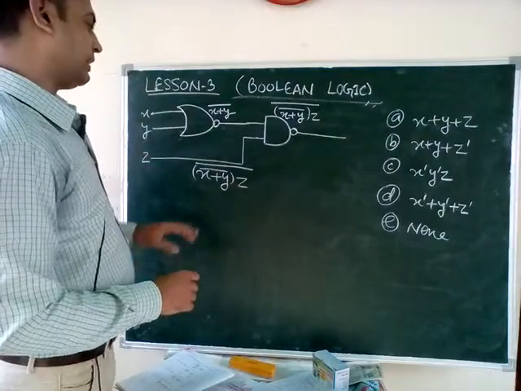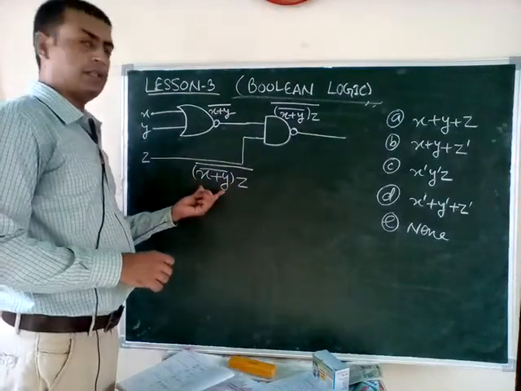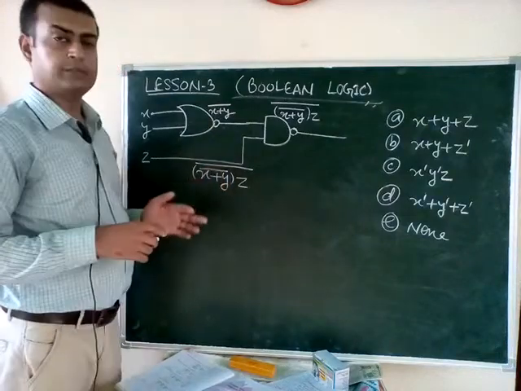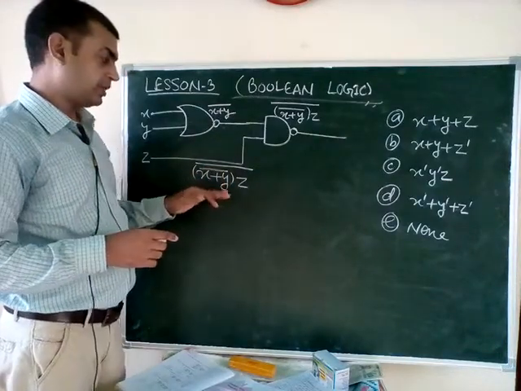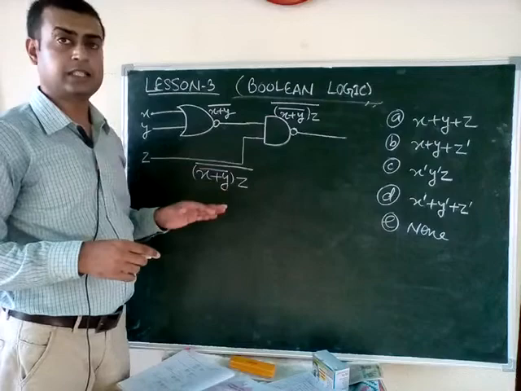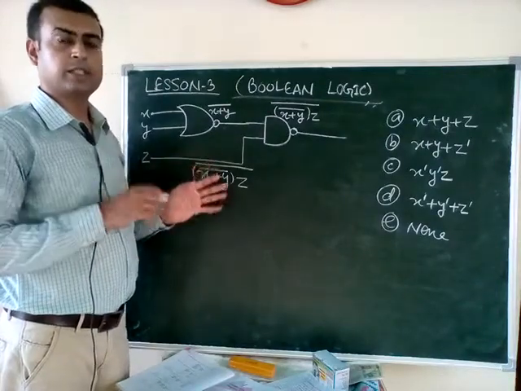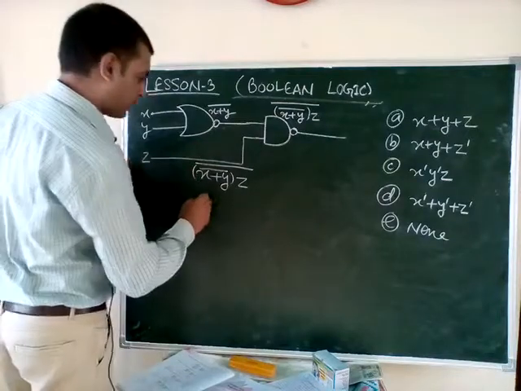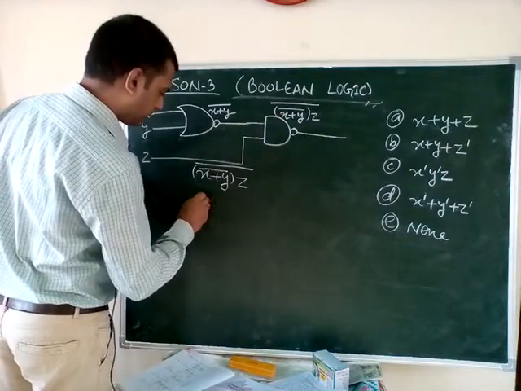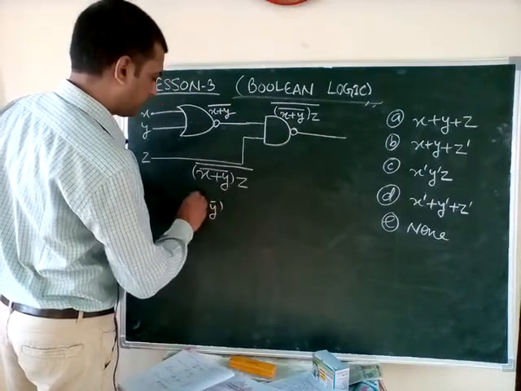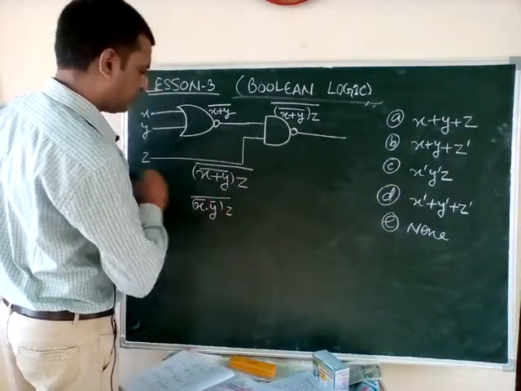Now start solving it from the inner portion. X plus y, you can see here again you will use De Morgan's theorem. So De Morgan's theorem for the plus section says that if plus is there with a whole bar, then you have to use separate bars with the multiplication symbol. So x bar dot y bar into z whole bar.